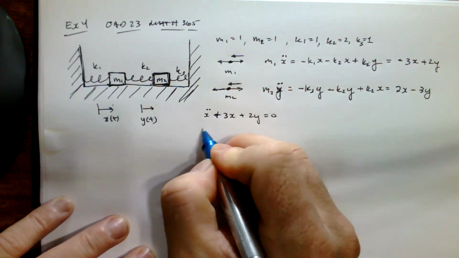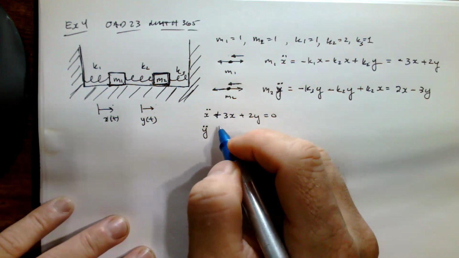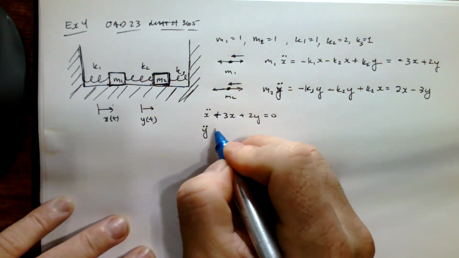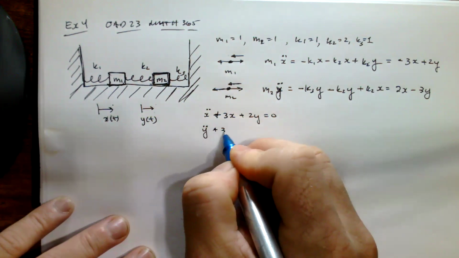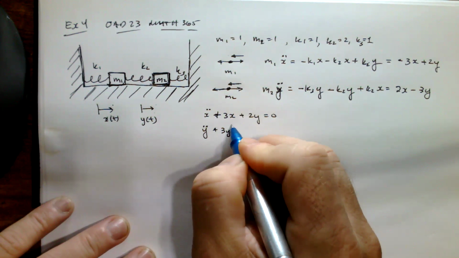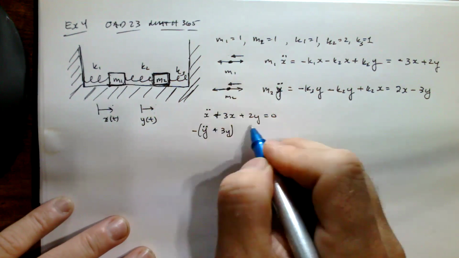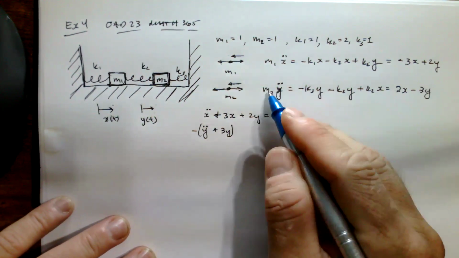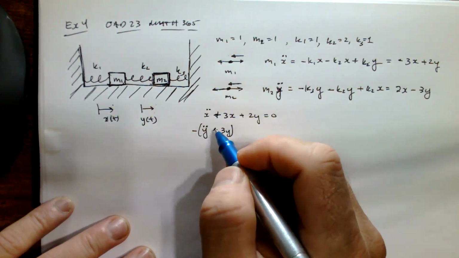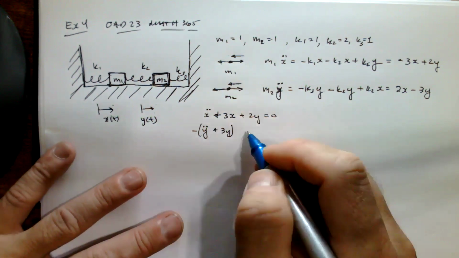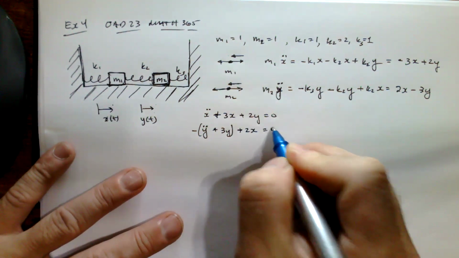And then down here we have y double dot plus 3y, if I factor out a common negative, that would make adding that over, or you could think of it as subtracting, and we have minus 2x equals 0.